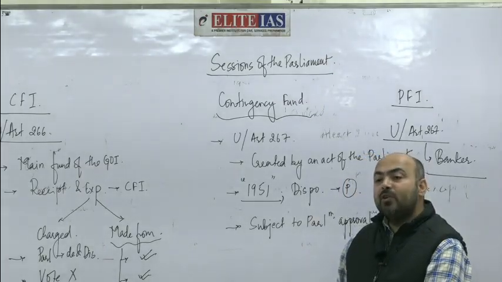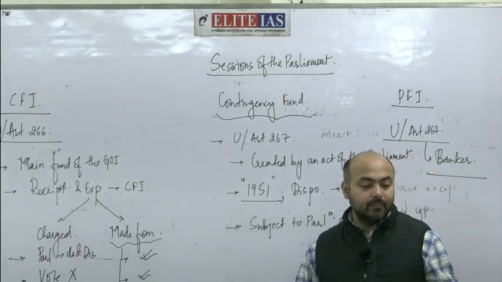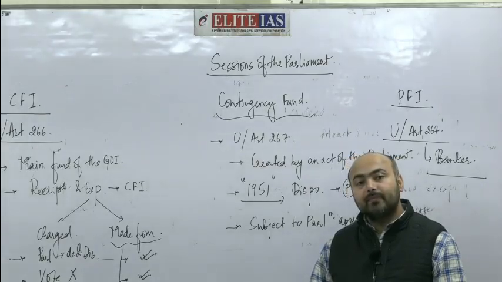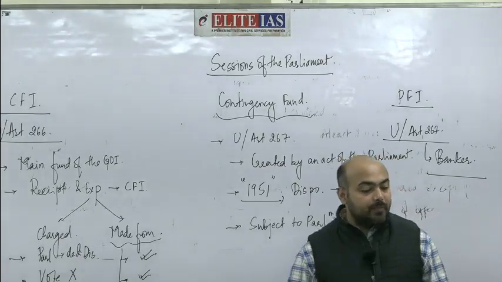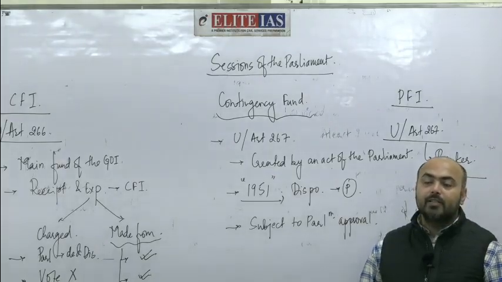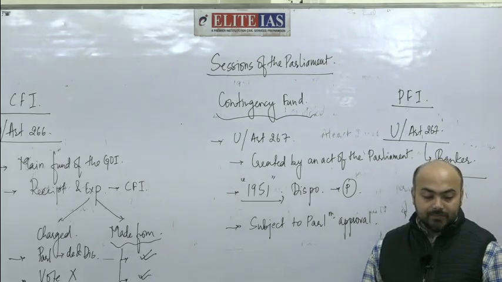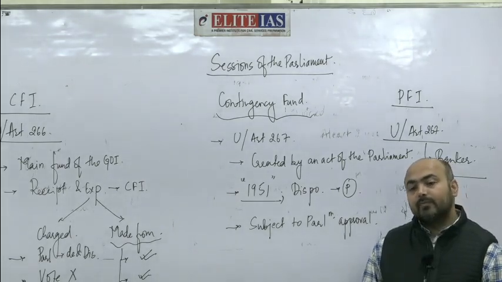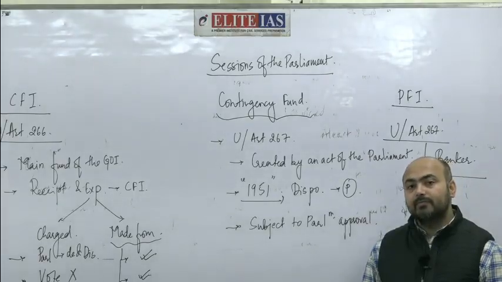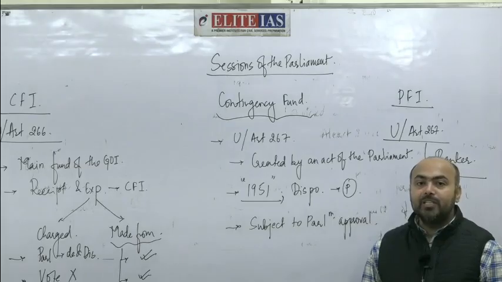After the 24th Constitutional Amendment Act, the President shall give his assent to the bill without using veto powers.